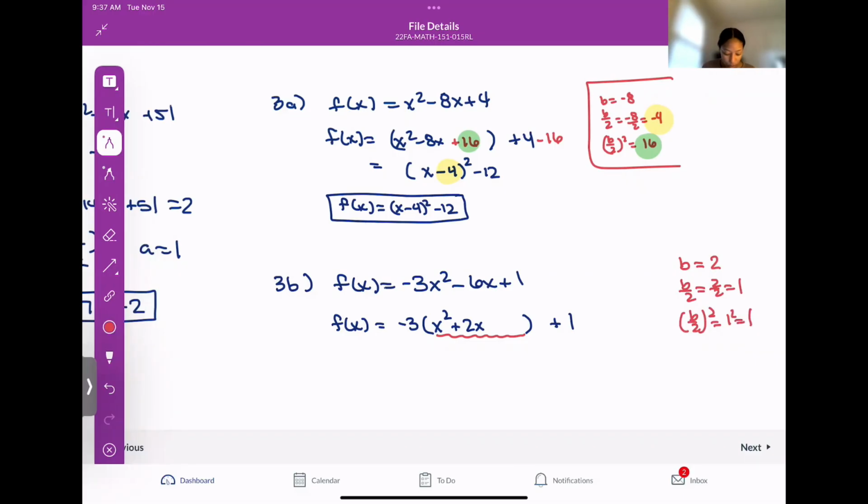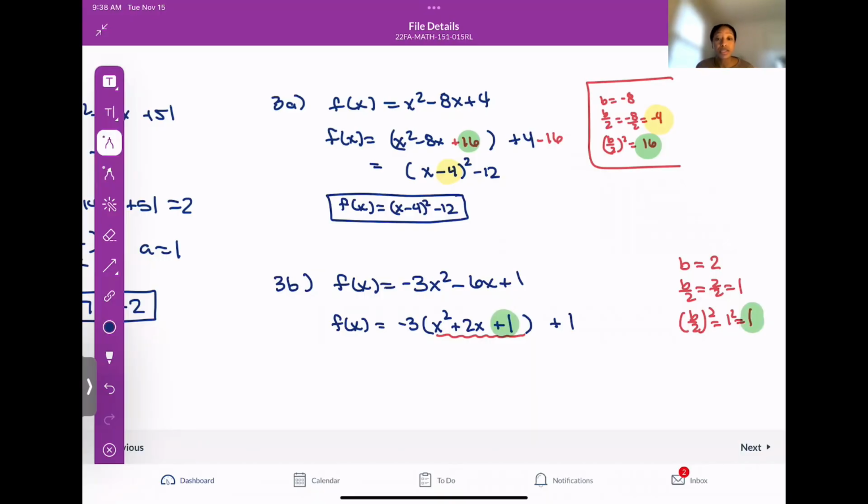All right, remember, we always want to add b over 2 squared to both sides. Okay, let me highlight this. Add the b over 2 squared. That's here. That's what we're going to add here. So we get x squared plus 2x plus 1.